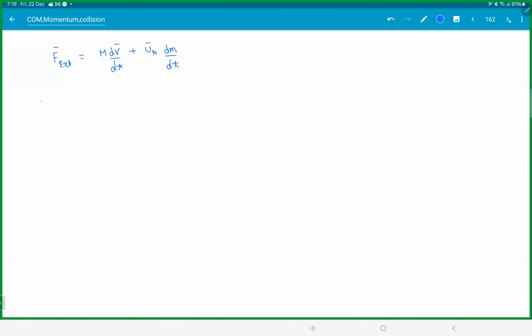if the external force is 0, then this equation becomes m dv by dt minus u relative dm by dt. This is mass into acceleration. This is called thrust force.